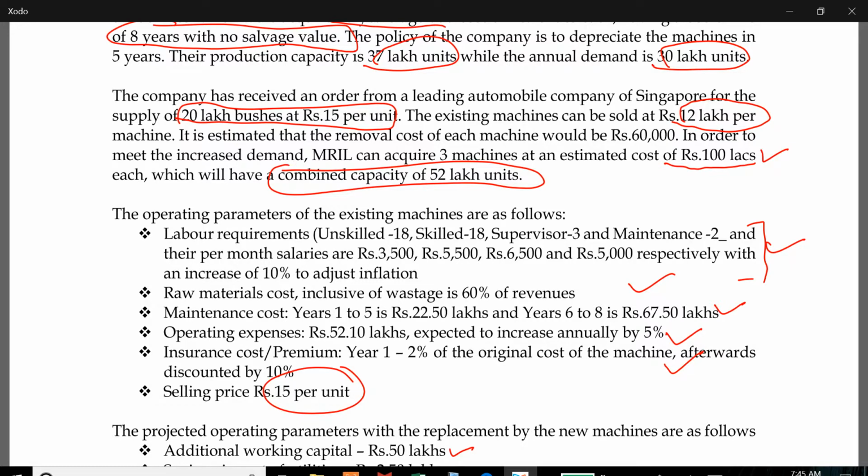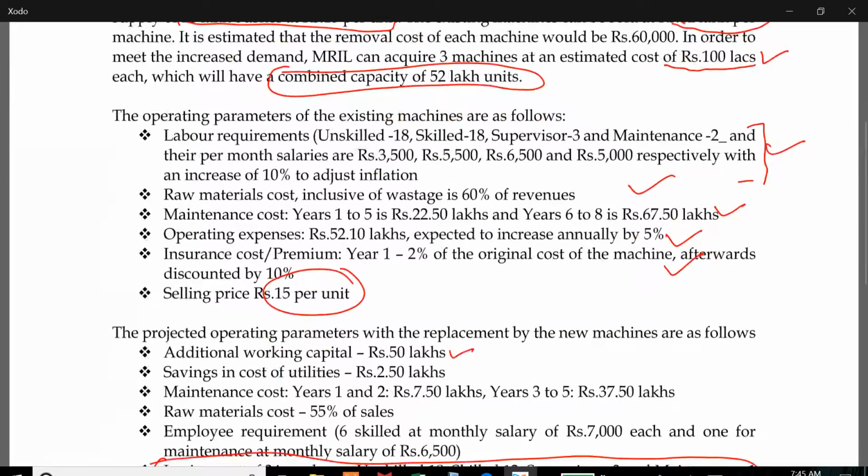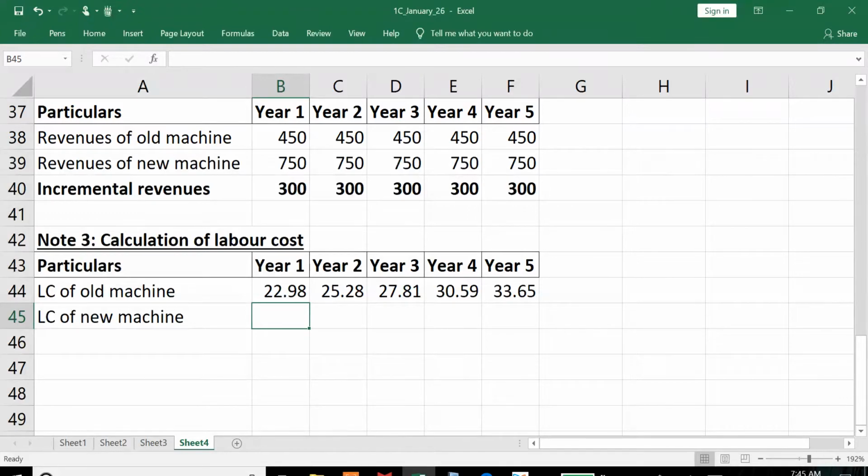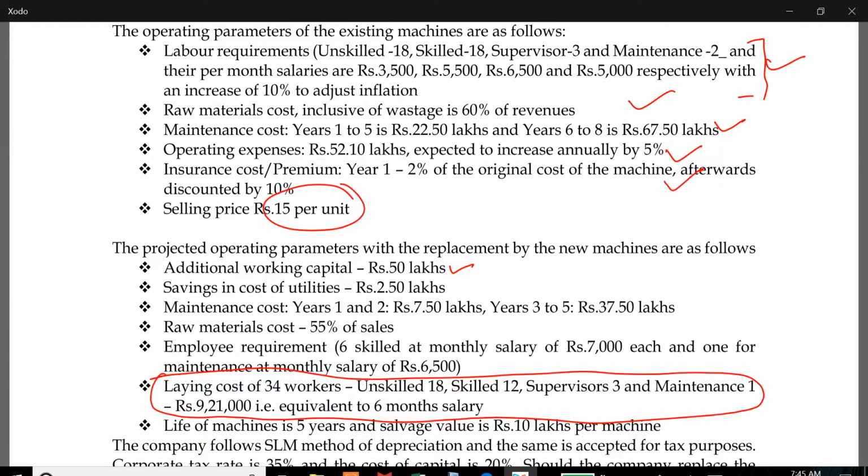For the new machine, what is the labor requirement? 6 skilled at a monthly salary of 7,000, and 1 at 6,500. Can you multiply and tell me the final figure?